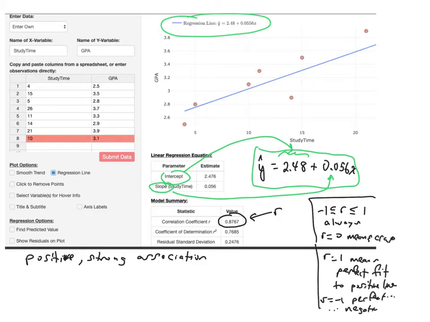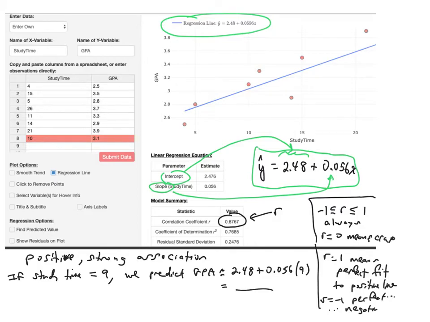I would say if someone has study time of 9, someone says they're going to put in 9 hours of study time, then the prediction will be GPA, that's what the y coordinates are, is about 2.48 plus 0.056 times 9, whatever that is.